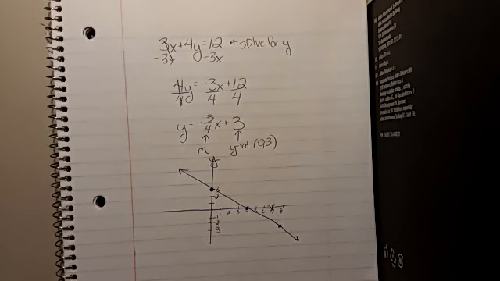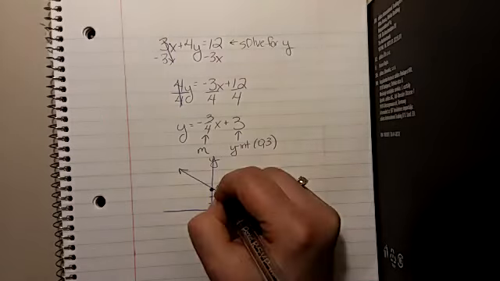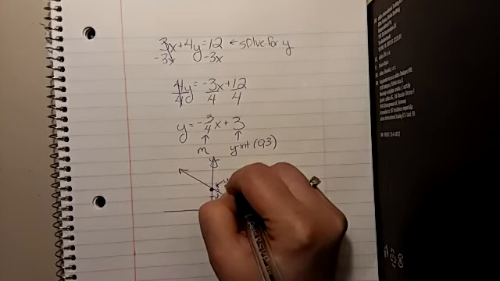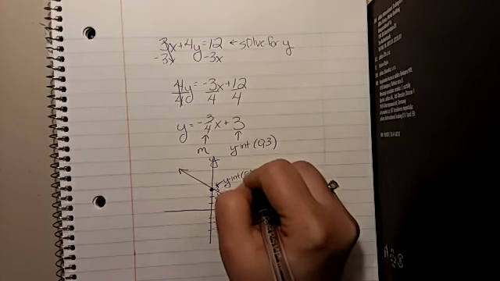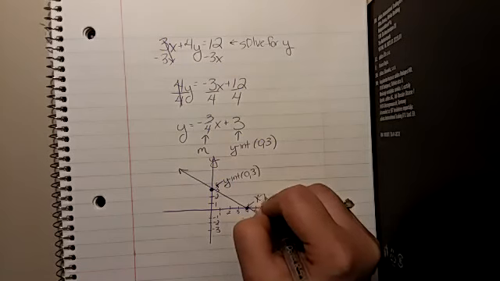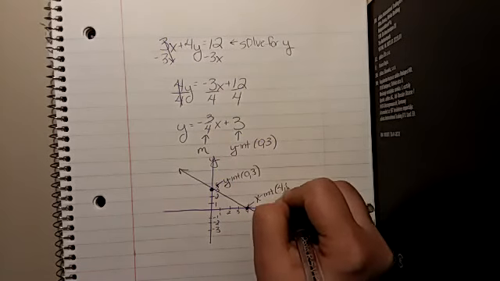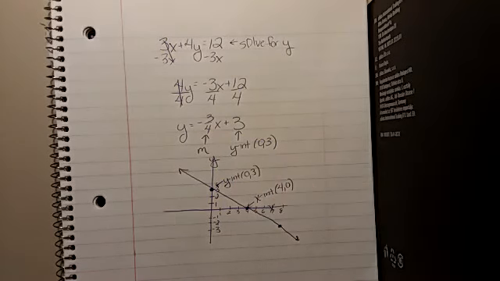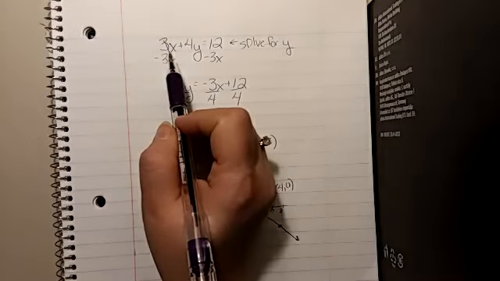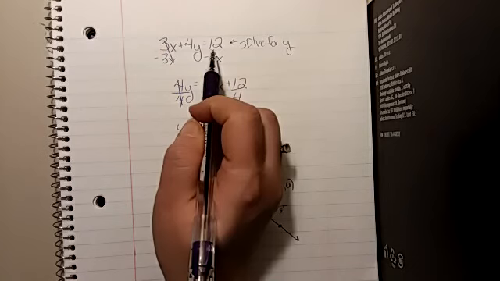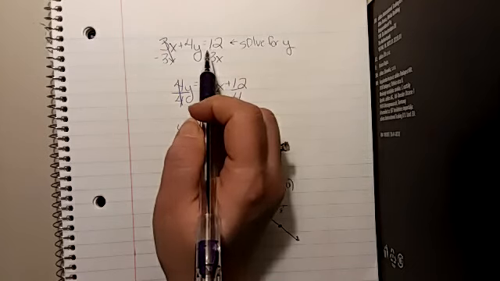Then to try to tie it all back together with what we learned previously, this is my y-intercept, 0, 3. This is my x-intercept, 4, 0. Could I take my original equation, 3x plus 4y equals 12, and find the two intercepts to make sure that this is all the same?